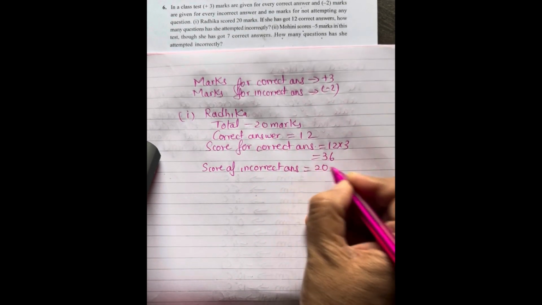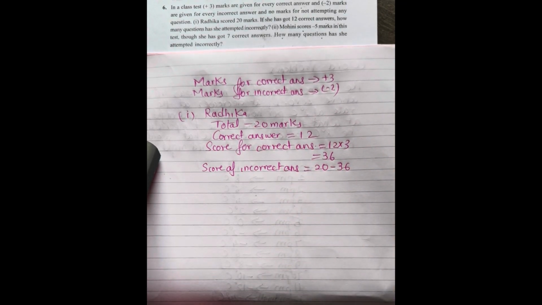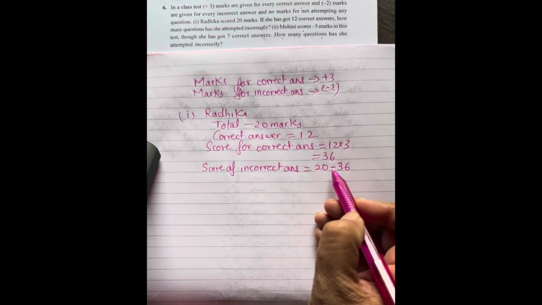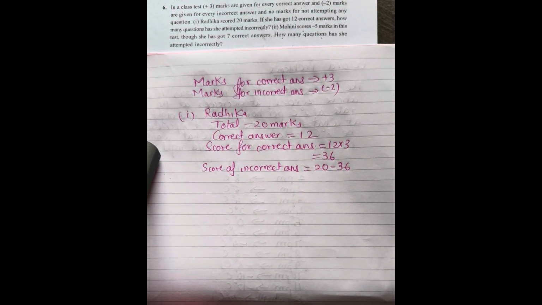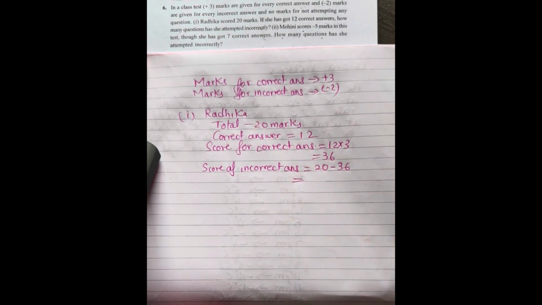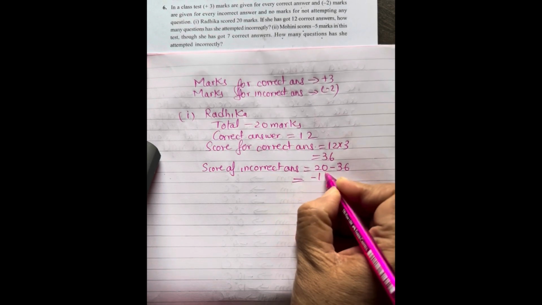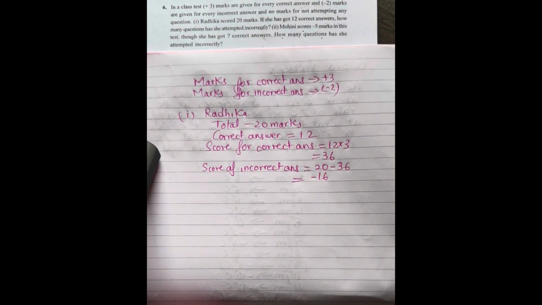From that we will subtract 36, right? Always subtract from the total. Here again, the children make a lot of mistakes. So first you'll write 20, then 36. Don't write 36 minus 20, because this is the total score. So here both have different signs, so we subtract and take the sign of the greater. So the answer will be minus 16. Means minus 16 she scored from incorrect answers.